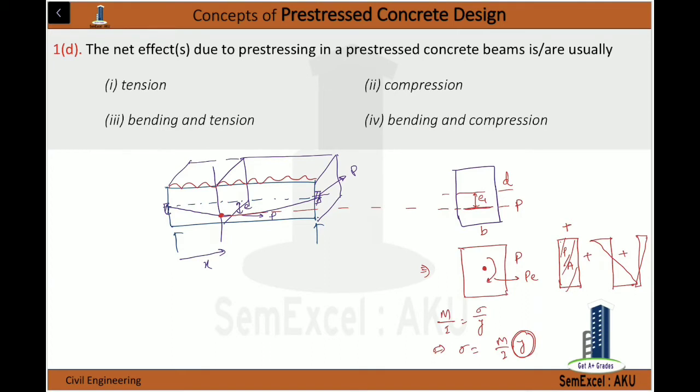So the net effect due to pre-stressing will be equal to the bending and compression. So option 4 will be correct.